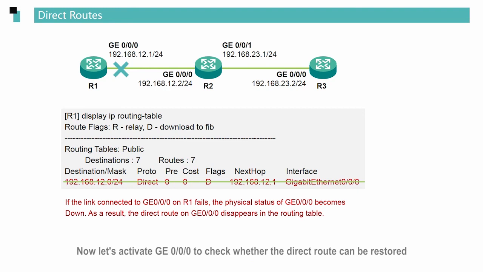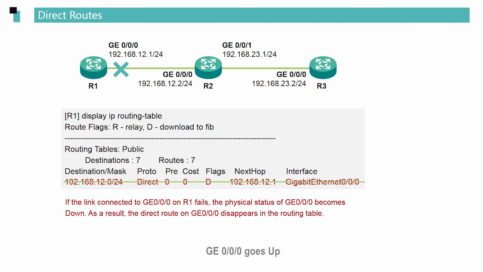Now let's activate GE0/0/0 to check whether the direct route can be restored. We find that after we run the undo shutdown command, GE0/0/0 goes up, and its direct route appears again in the routing table.